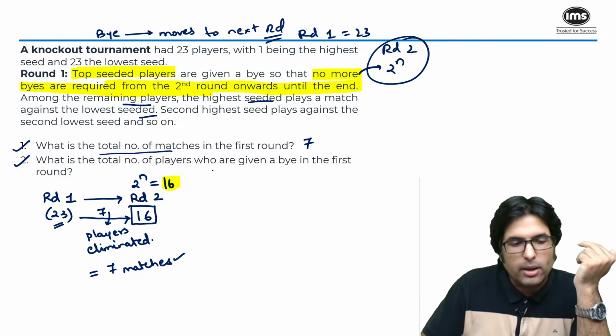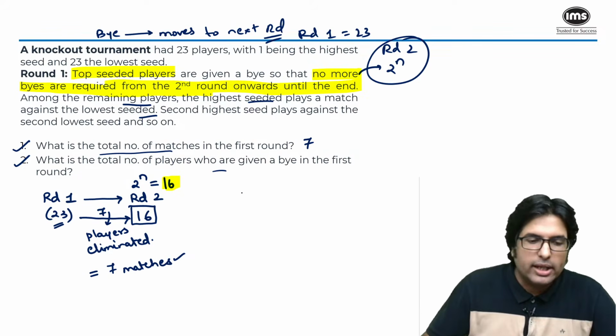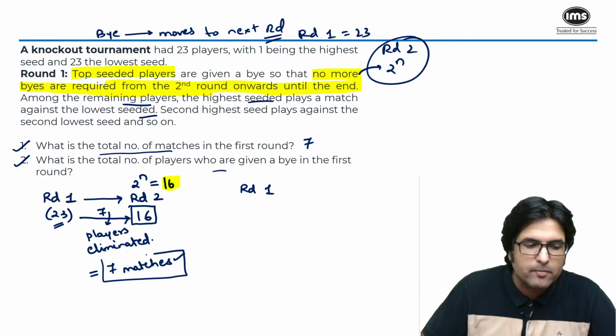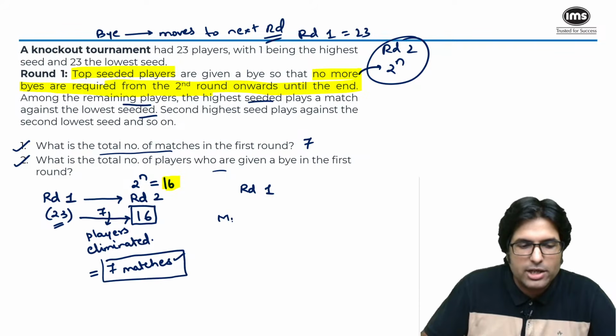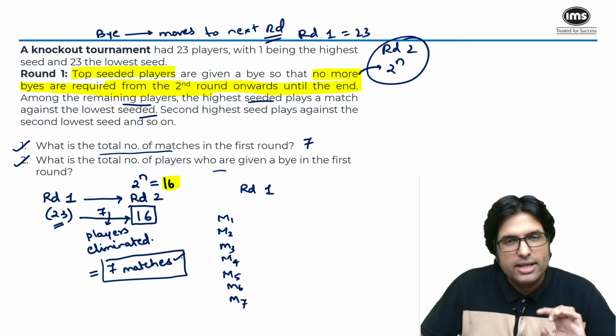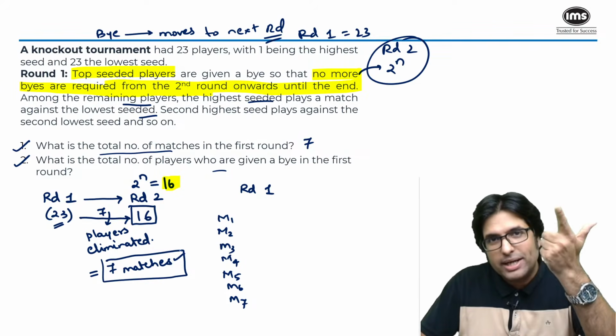Now, what is the total number of players who are given a bye? So think of round 1. Round 1, we have said 7 matches. So there would be match 1, match 2, match 3 and so on till match 7. Understand that each match requires 2 players.